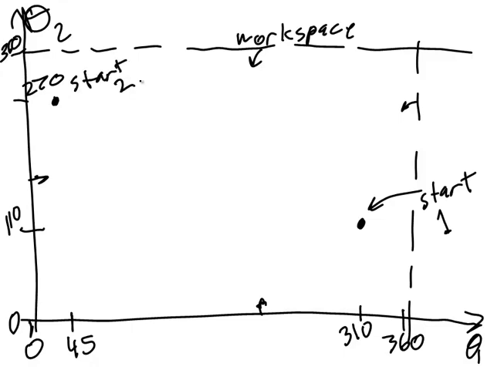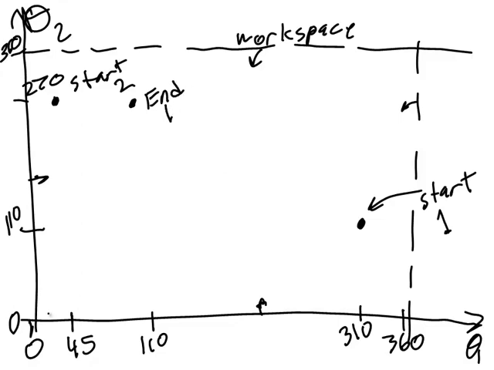These are two possibilities for how the end effector can reach the start point. I'll now go through the same process to find the 2 points in configuration space that allow the end effector to reach the end point. Using the inverse kinematics, I find that the two possible solutions for the end effector to reach the end point are approximately 110 for theta 1 and 270 for theta 2. That's end possibility 1.